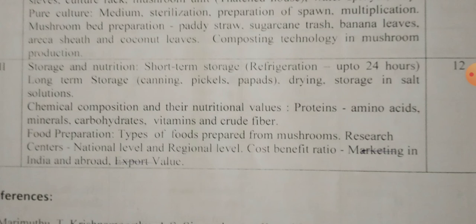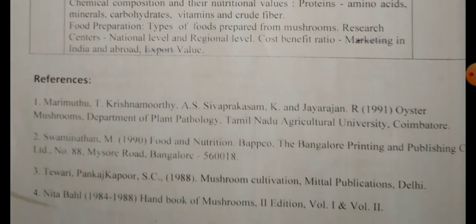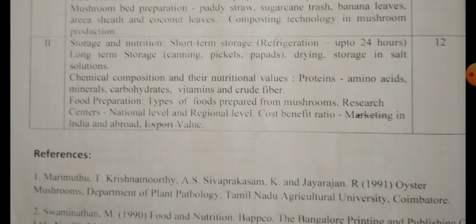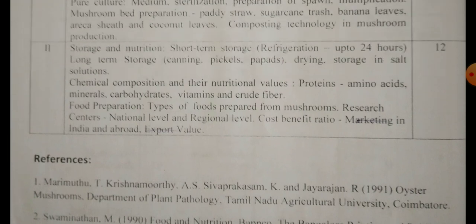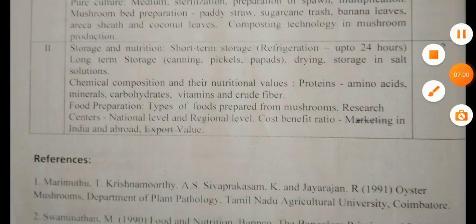This is the elective paper for this semester, and these are some books you can refer to for this paper. Even our library has some books, especially on mushroom cultivation techniques, or the handbook of mushroom cultivation, so you can also study from them, or we will provide the notes for your studies.